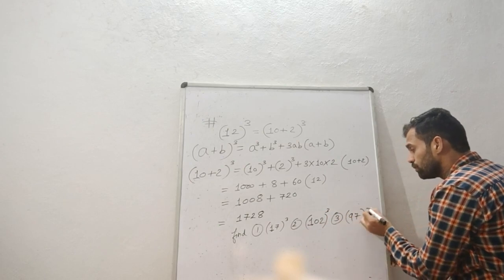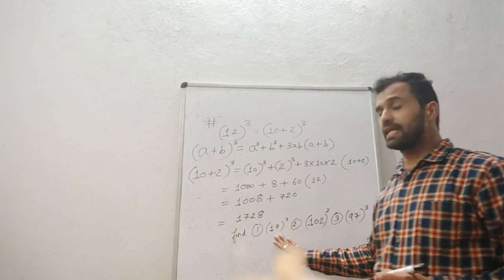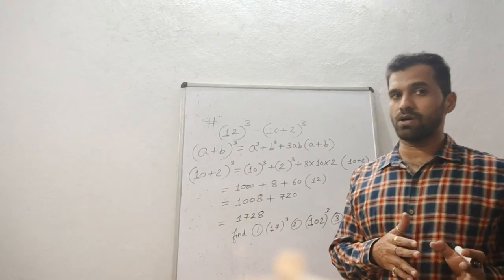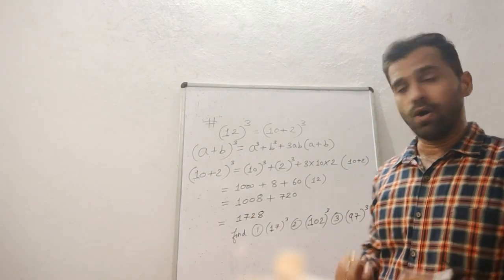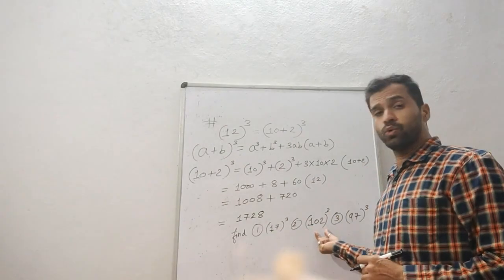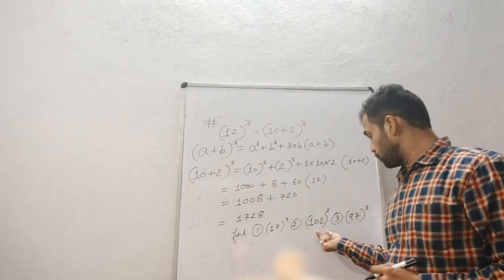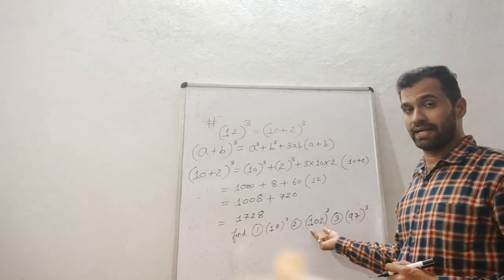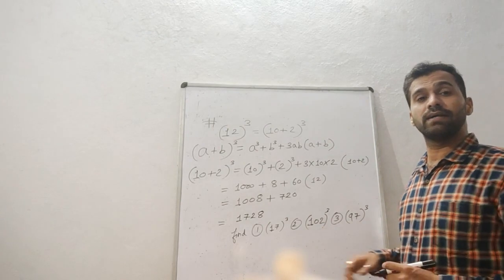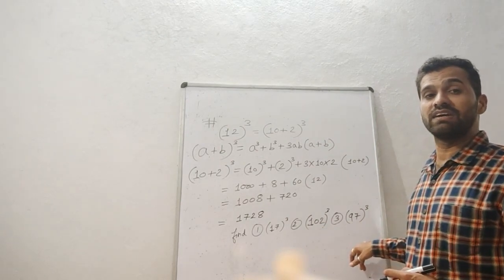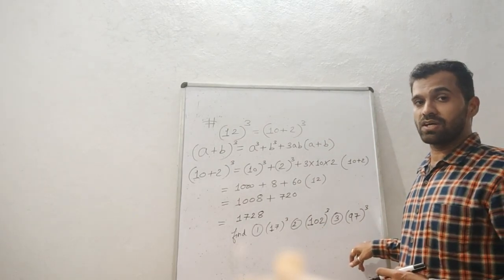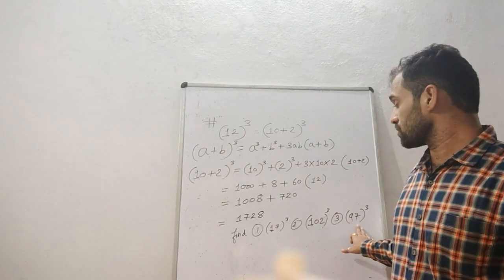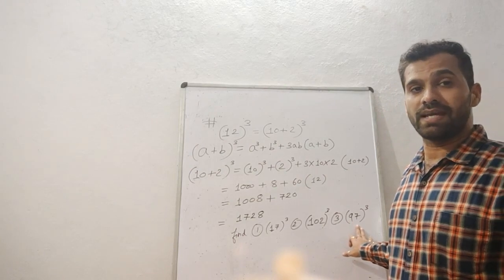So what you will do for 17, you can do 10 plus 7 or 20 minus 3, either (a plus b) whole cube or (a minus b) whole cube. Here 102, that is (100 plus 2) whole cube. It will be easier for you if you apply the (a plus b) whole cube identity. And here 97 is better to solve by minus sign, that is (100 minus 3) whole cube, meaning (a minus b) whole cube. So in the last question you can apply (a minus b) whole cube.